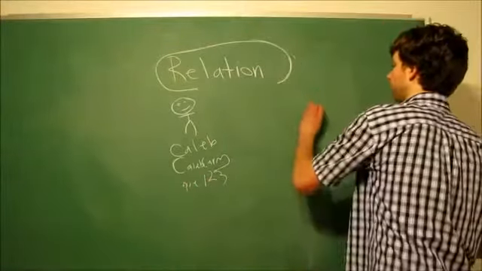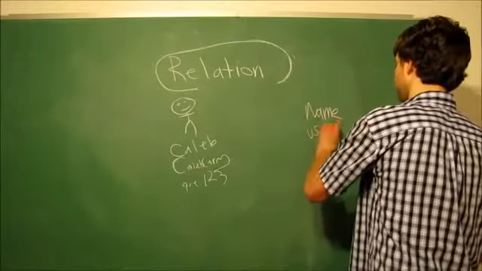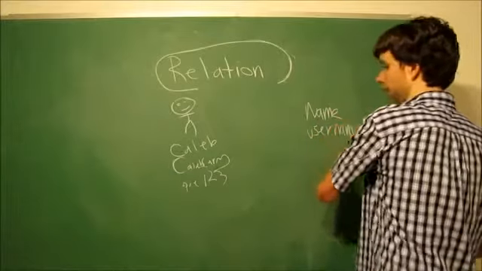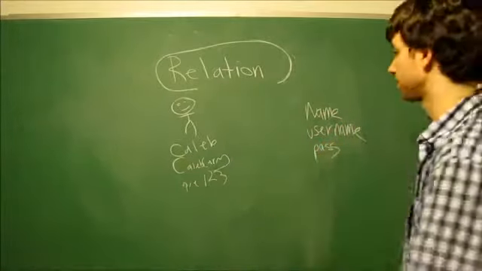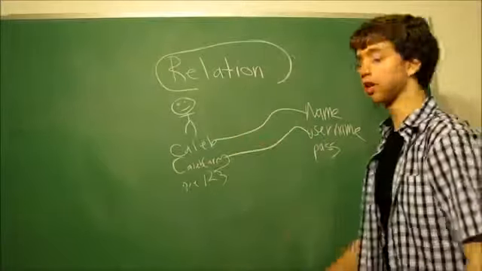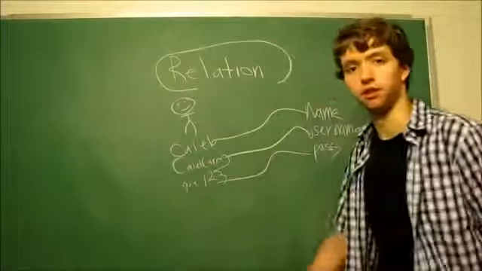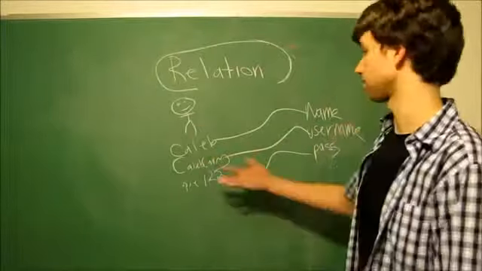We have name, username, and password. We can make this connection of data. So the name is Caleb, the username is CalebCurry, the password is pi123. That makes sense, although graphically it looks like a mess.